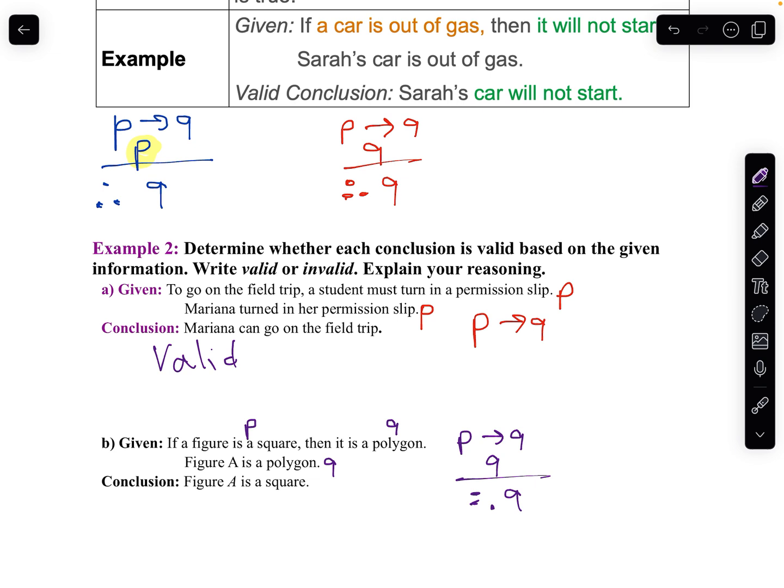So figure A is a square? No, I can't conclude that. That's going backwards, so this is not valid. The law of detachment only works if you know the hypothesis, and therefore the conclusion must happen. Anything else is not true.